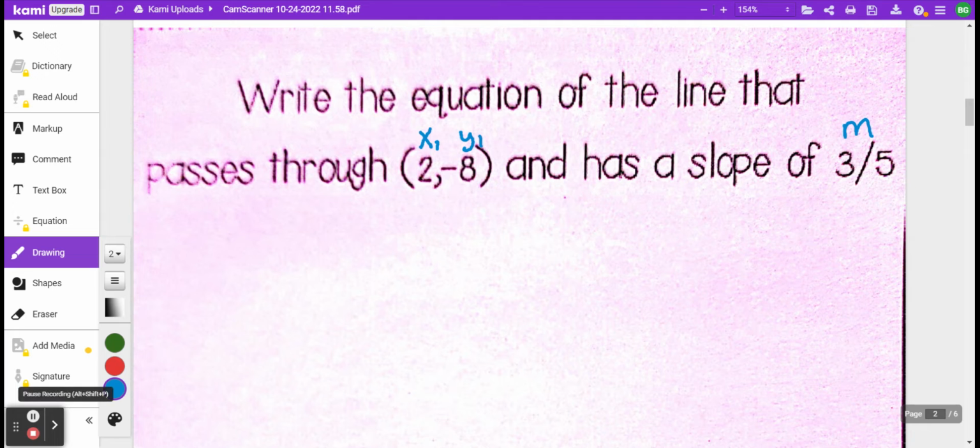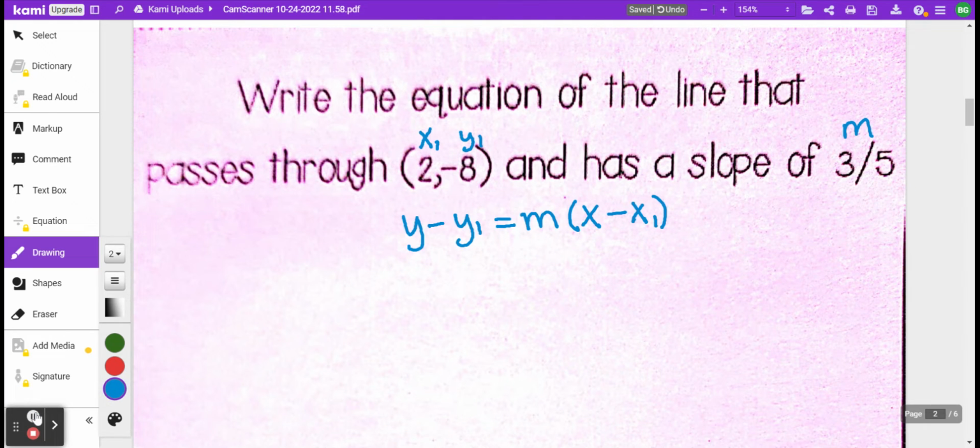Next, we're going to want to write out that formula. So that formula again is y minus y1 equals m times x minus x1. Now we're going to start filling that information in. So we have y minus, and come back up and look at that y1, which was -8, and I want to put -8.